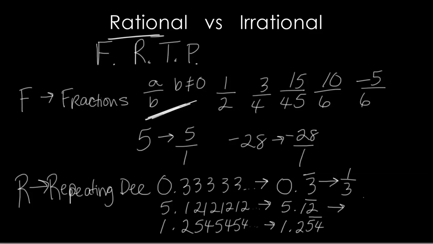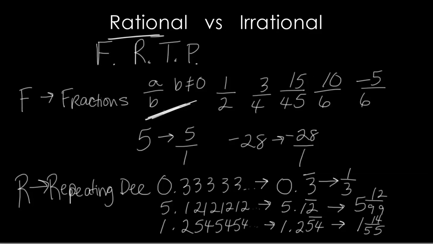Written as a fraction, it is 5 and 12 over 99. Put it in a calculator, try it out. What about the last one? It's a little trickier, but you can also write it as a fraction. This is 1 and 14 over 55. Again, put it in the calculator and see what it gives you.